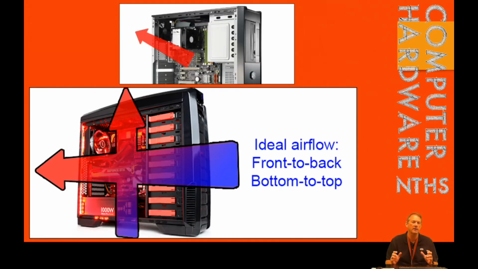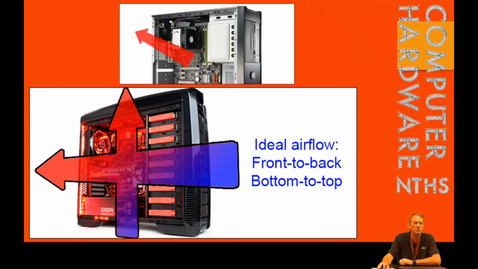While we're talking about that, I wanted to talk about airflow. This is the desired airflow for an ATX system. It should come in through the front and go out through the back. It should come in from the bottom and go out through the top. That's the ideal cooling for an ATX power supply and for an ATX case. It's not always what happens.